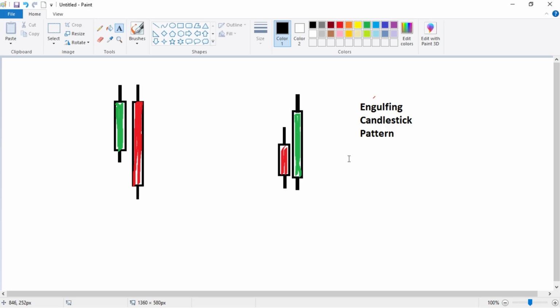And on a bullish engulfing candlestick pattern, which is this one, the body of the bullish Marubozu candle engulfs the bearish candlestick together with its shadow and body, as you can all see over here. This body engulfs this whole candle, and this is a bullish engulfing candlestick pattern, and this one is a bearish engulf.